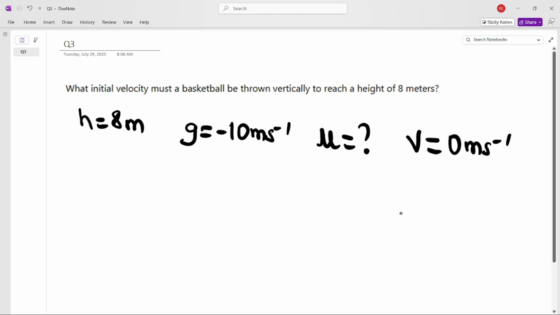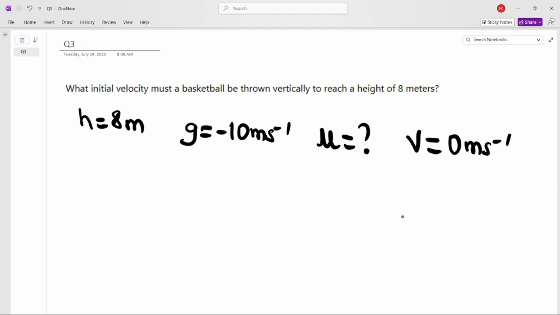Yes, sir. So it goes and stops at the top. At the point where it stops at the maximum height, that's the maximum point it can reach. So at the maximum height, the velocity is always 0. When you throw something from down towards the top, at the maximum height the final velocity is 0. Take that as a keynote. Are we okay?